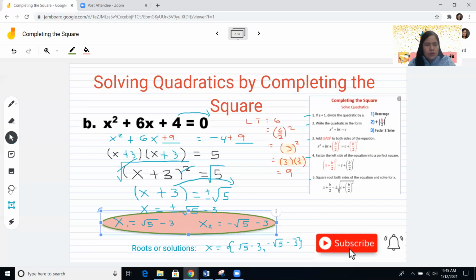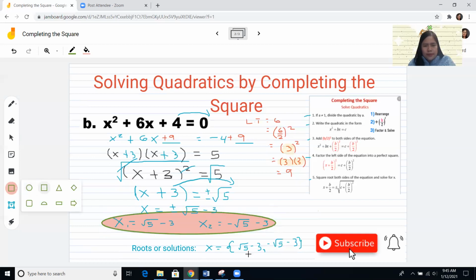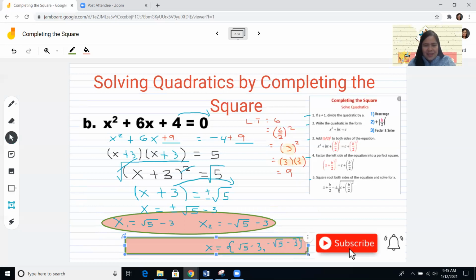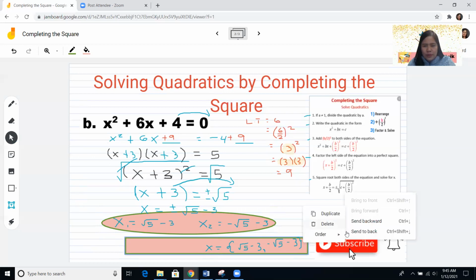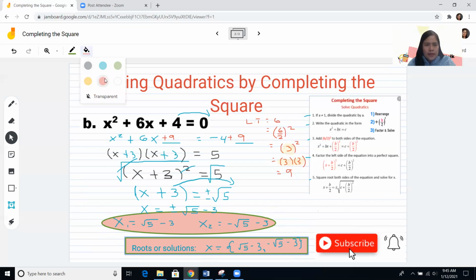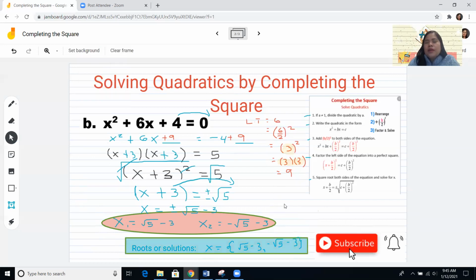And also in here, we're almost done. Let me just put this one behind it so that you can see the differences. So there you go. That is how we complete the square in solving trinomials or quadratic equations or functions.